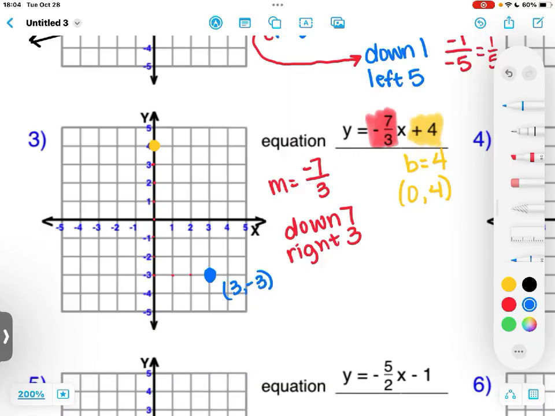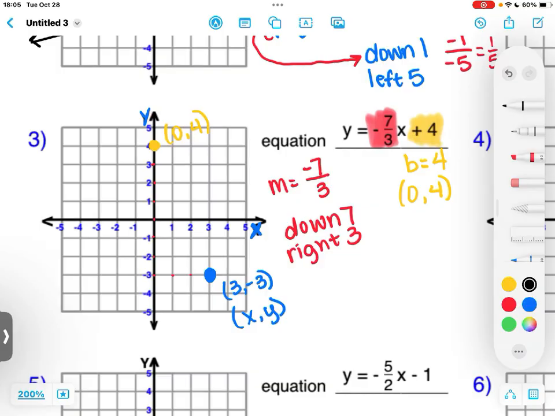Because keep in mind your points are always in x, comma, y form. X is your horizontal axis and y is your vertical axis. So if you're asked about what points to use, you can always write down the points. And this one, your y-intercept, we put that in yellow, is (0, 4).